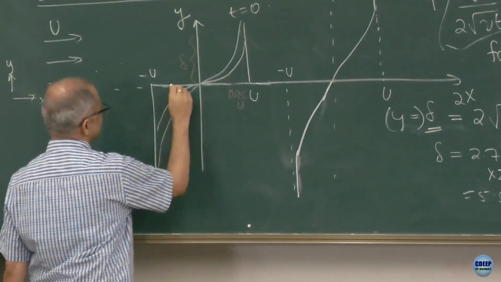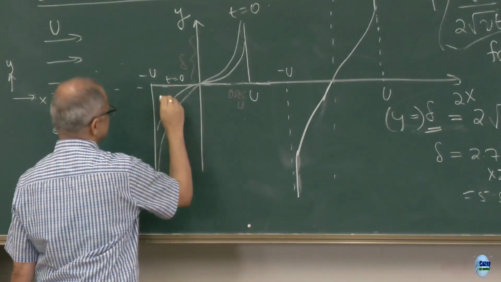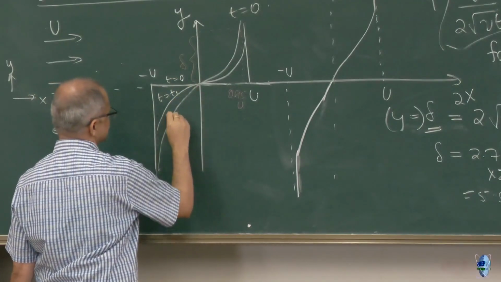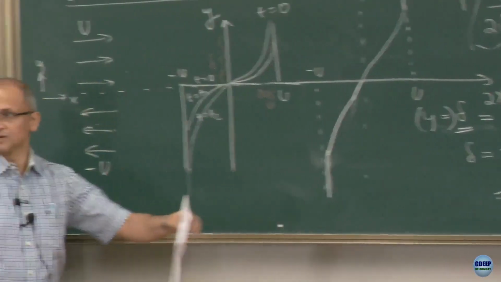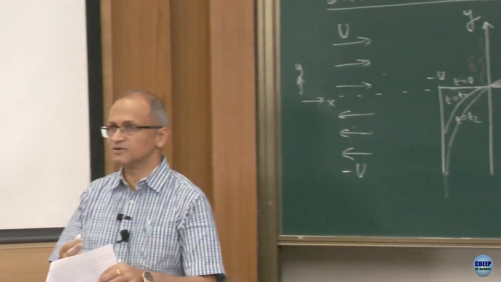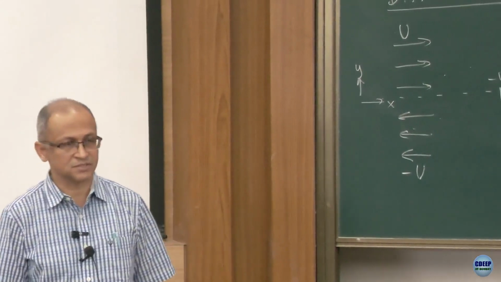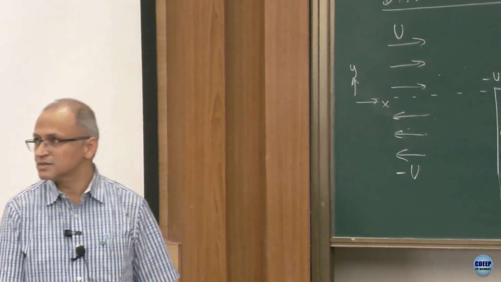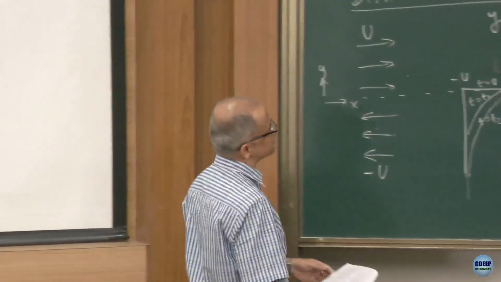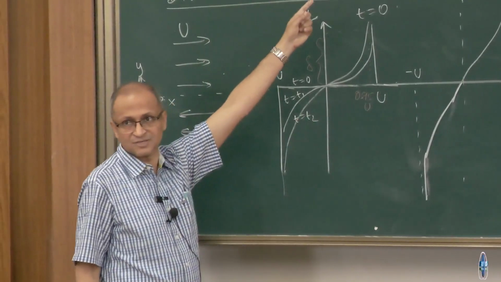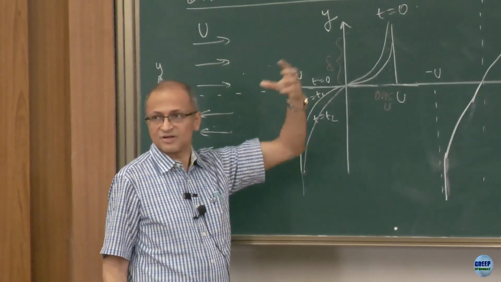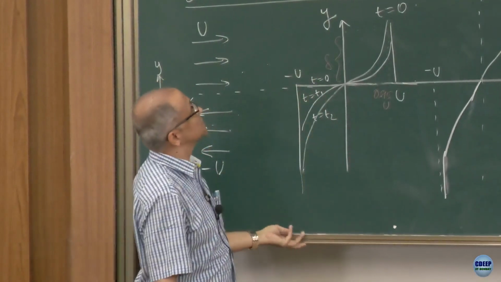This is at time t equal to t1, and this is at time t equal to t2. So this is how time progresses, and that information will diffuse to a larger distance. That is understood. Now, what is happening to my vorticity, which is what we have calculated? The calculation is there, but we are just trying to understand it physically. So physically, what is happening now?